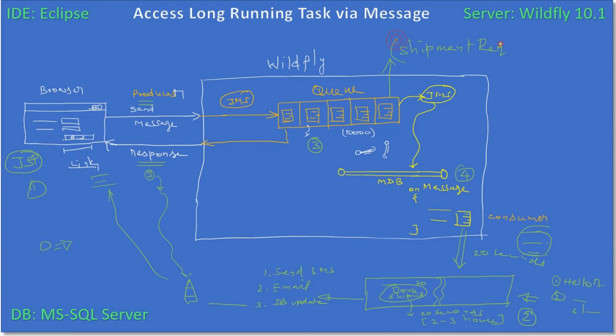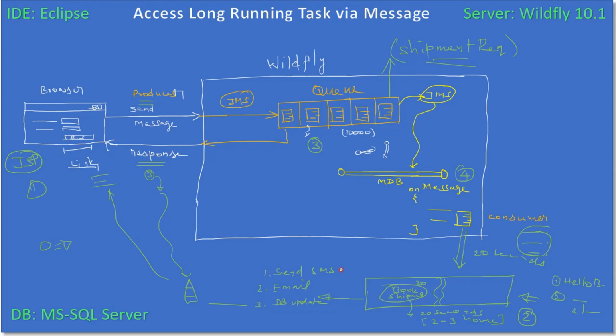So this is the queue we will create. Shipment request queue will be a meaningful name because multiple people are placing their requests. So the MDB will read that queue, the JSP will produce that message, and the MDB will consume that message.